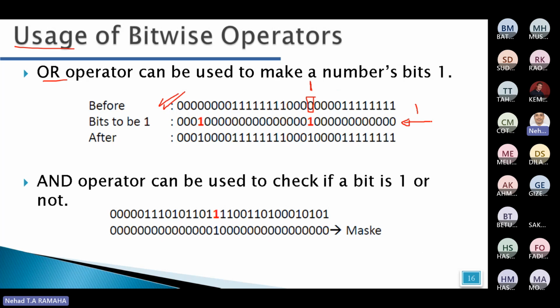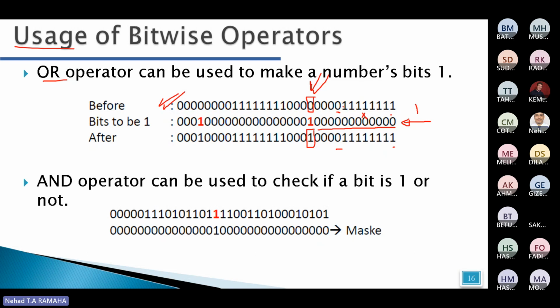Like this, make OR with all 0. 0 means it will not change anything. If you make OR with 0, you will not change anything. 1 will stay 1, 0 stays 0. But if you make OR with 1, you are sure that the result will be 1. So you convert this 0 into 1. If it's 1, it will stay 1. If it's 0, it will convert into 1.